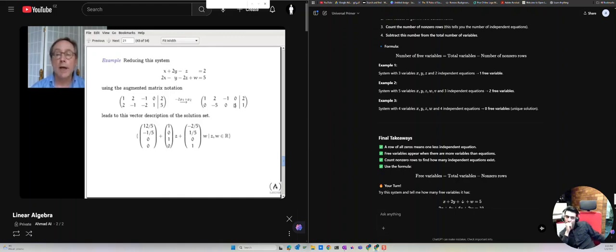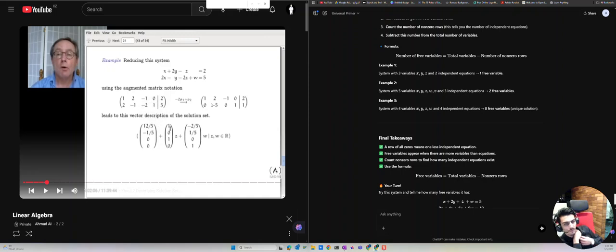When you do Gauss's method there, you get echelon form, and you convert it to this way of writing the solution set, the way of writing the infinitely many different vectors that all solve this system, infinitely many different x, y, z, w's that all solve this system I started with.